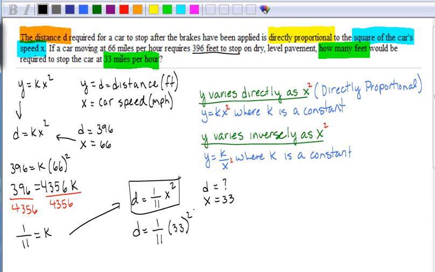Doing it again, 33 squared, just use your calculator. You could simplify this nicely, because this is 1/11th times 33 times 33. If you didn't want to use your calculator, 33 divided by 11 is 3, so you can see the answer would be 99. Or you can multiply the 33 out and divide by 11. Whatever you do, we know the answer is 99 feet. That is our answer.